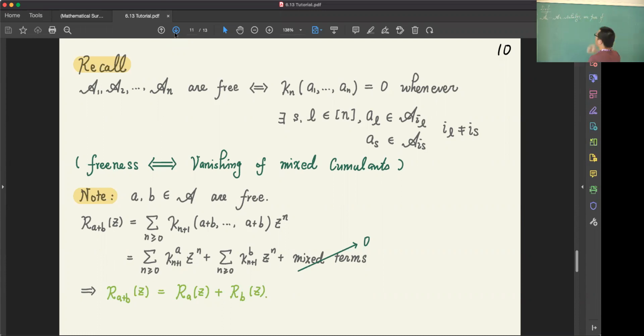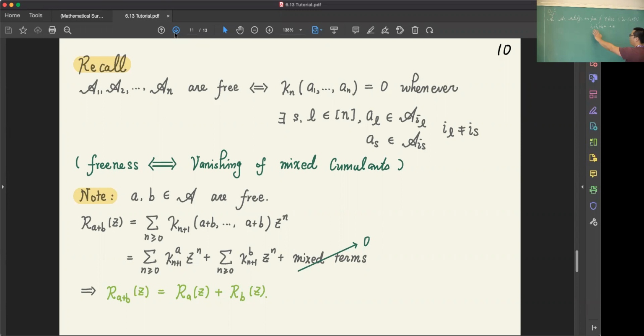We say they are free if for any k, we consider the index set i1, i2, up to ik, and each of them is from 1 up to m. Then we assume that i1 is different from i2, i2 is different from i3, which means all the adjacent elements come from different algebras. But in this definition, we don't really care about i1 and i3, they can come from the same algebra.